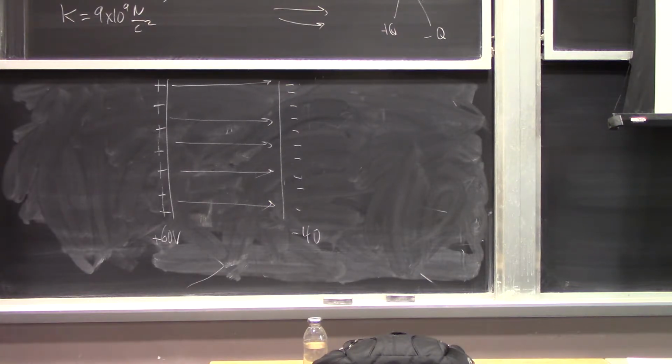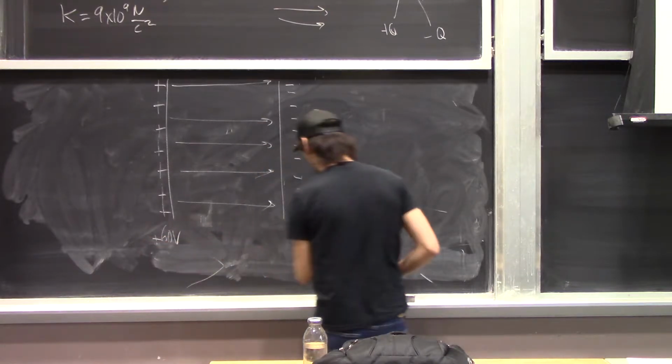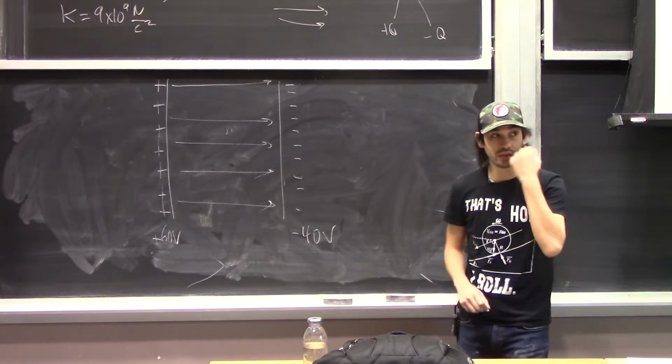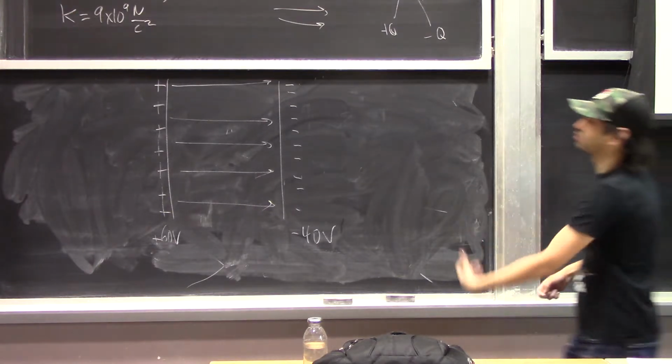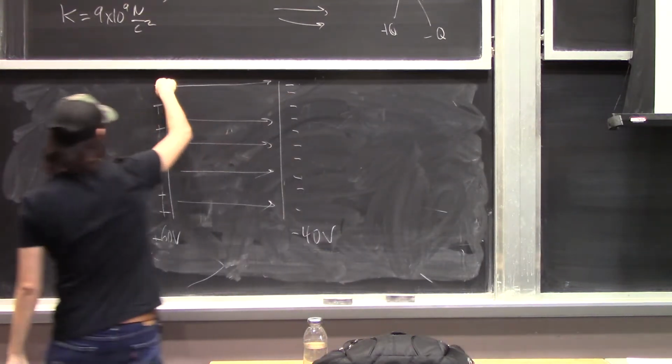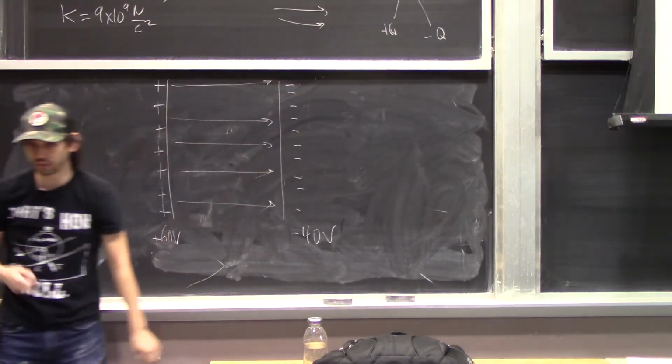One reason is that the electric field points from high electric potential to low electric potential. The other reason is that if we think about it in terms of charge, electric field lines point away from the positive and point to the negative.